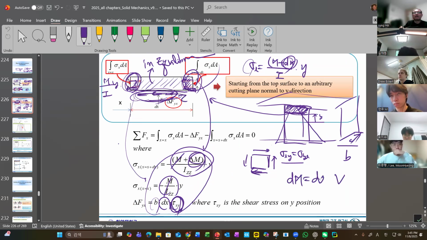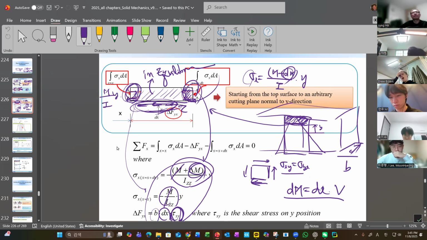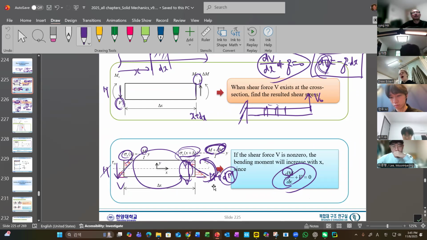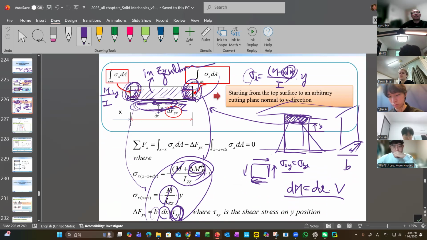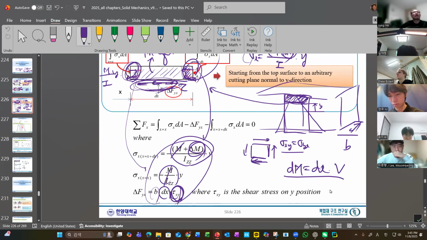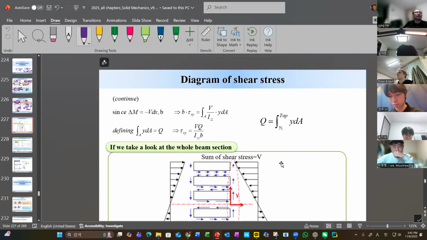V dx, an increment. This is one thing we know from the equilibrium. From this one, we know the equilibrium here. So dM can be replaced with V dx here, and then this can go into the formula.